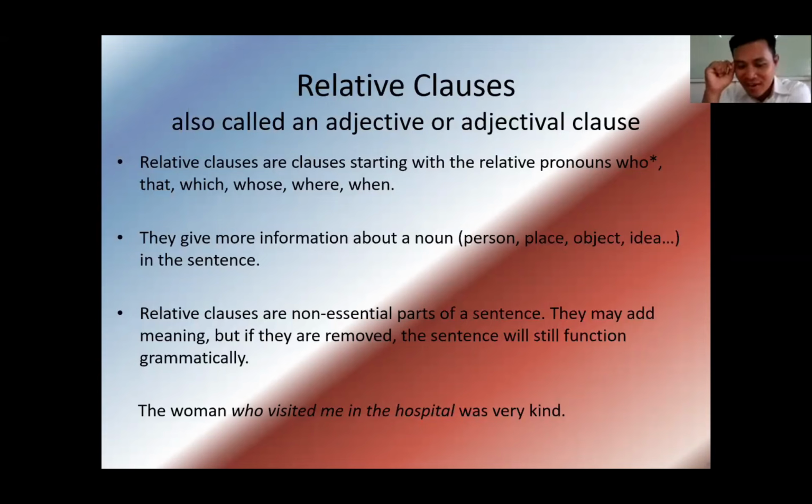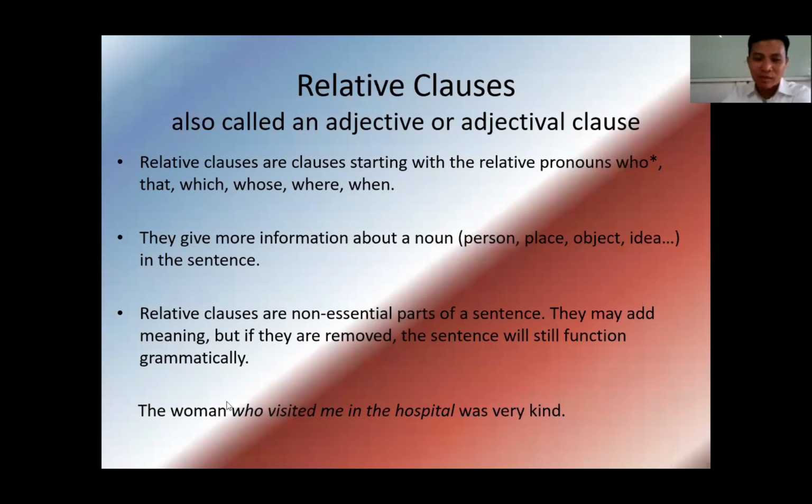So can you find which is the relative clause here? The woman who visited me in the hospital was very kind. Which is the relative clause? Here we have who. Again, I have to remind you, relative clause starts with a relative pronoun.